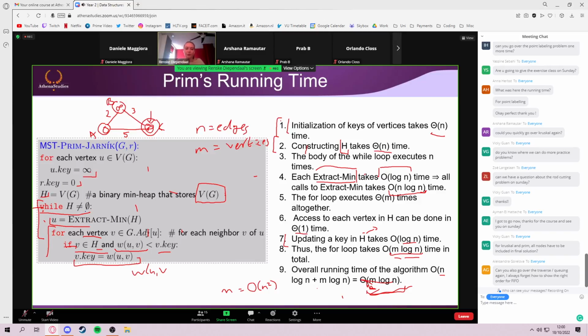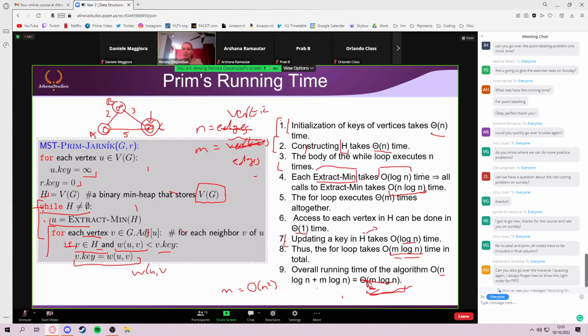And then we have this while loop that's going to execute n times, because we do this for each vertex. N should be the vertices, and M should be the edges.